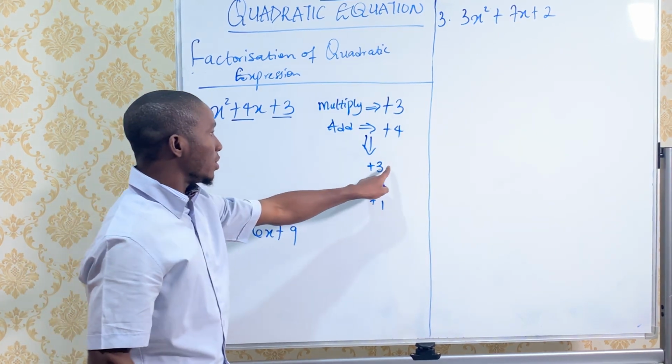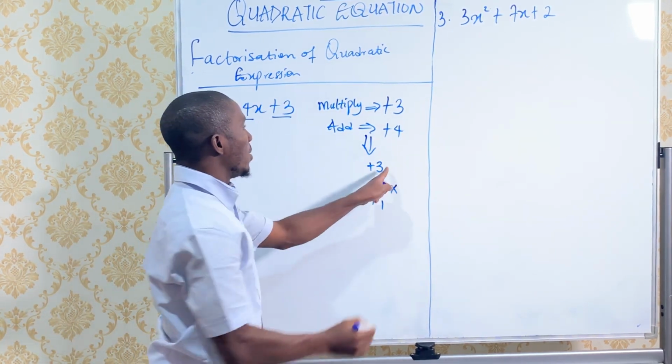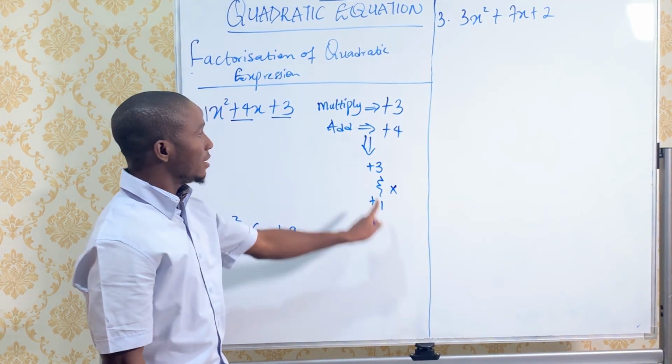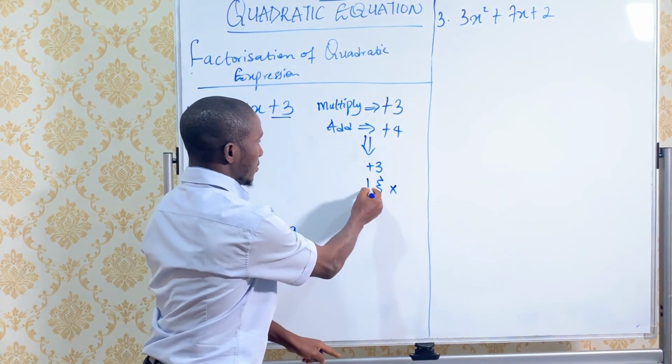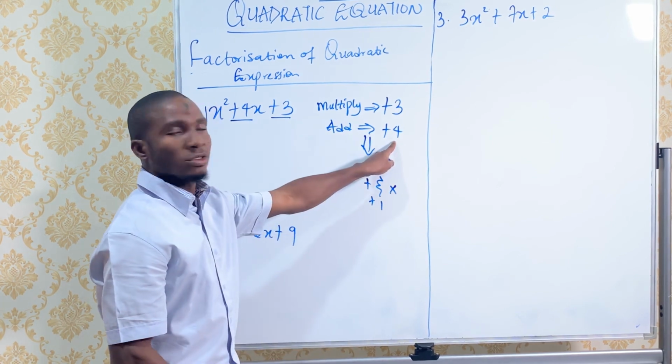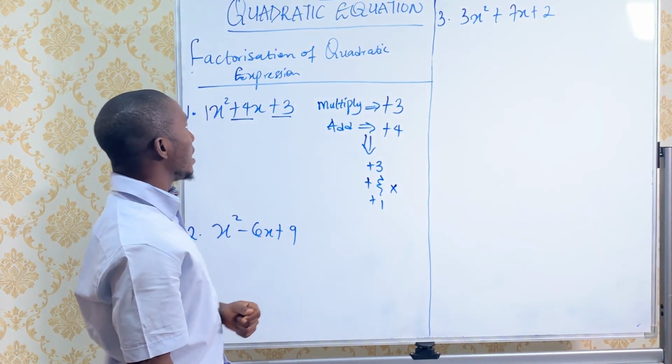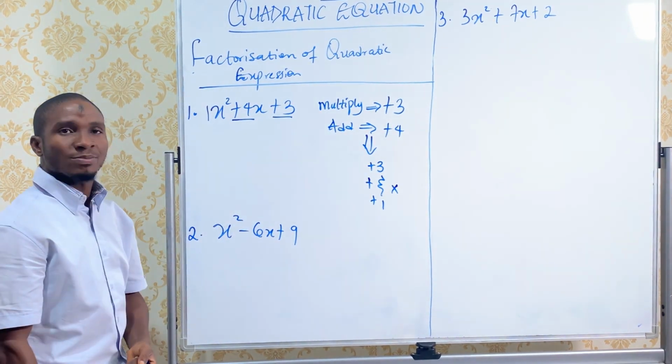When we multiply plus 3 times plus 1, it will give us plus 3. And when we add plus 3 plus 1, we are going to have plus 4. So plus 3 and plus 1 are the numbers for this expression.